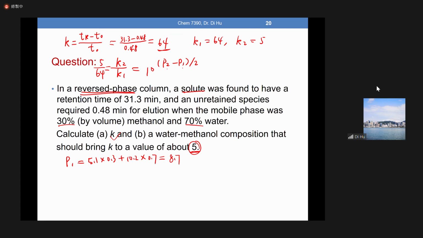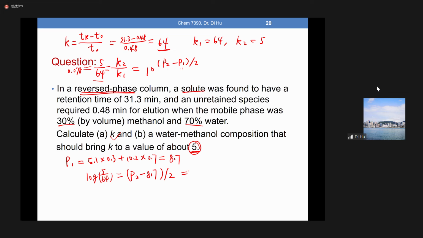Now we have P1. Can we put that into this equation? Then we can know P2, right? Now 5 divided by 64 equals 0.078. That's what I get. Because we want to know P2, we take the log of both sides. Log of 5 over 64 equals P2 minus 8.7, divided by 2.